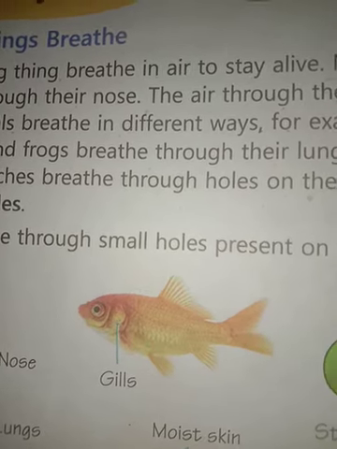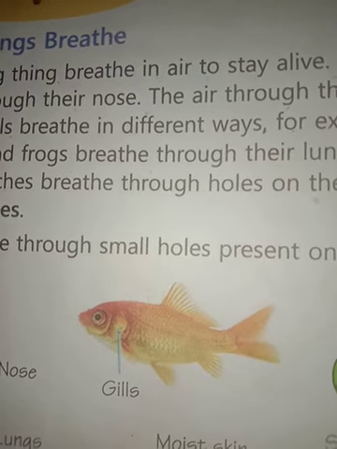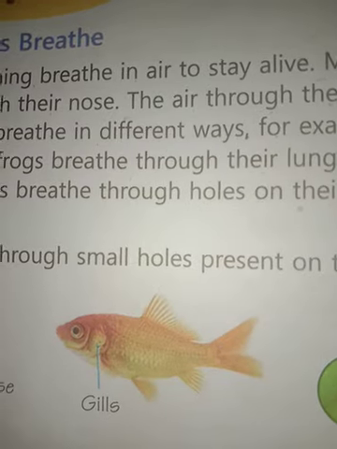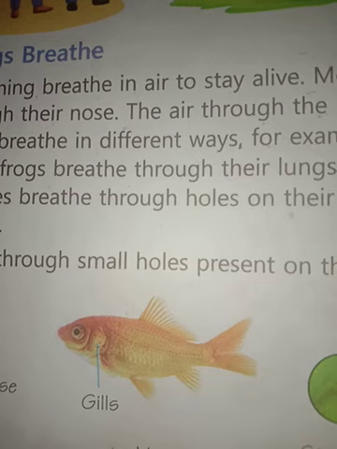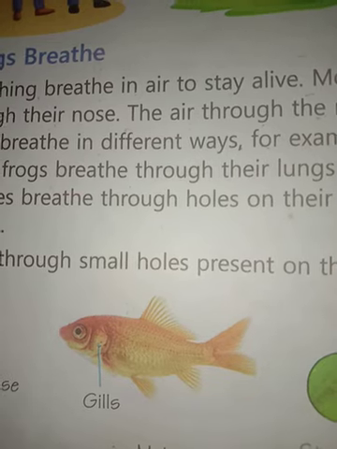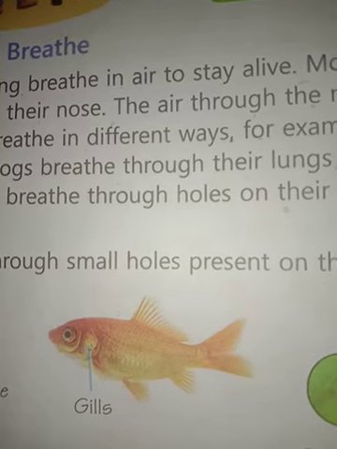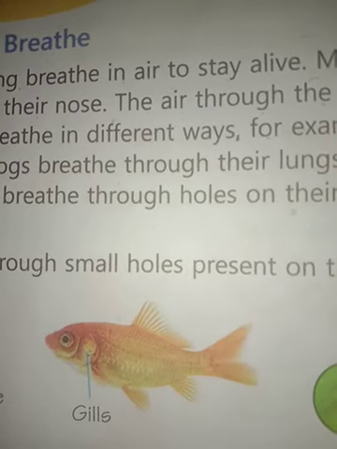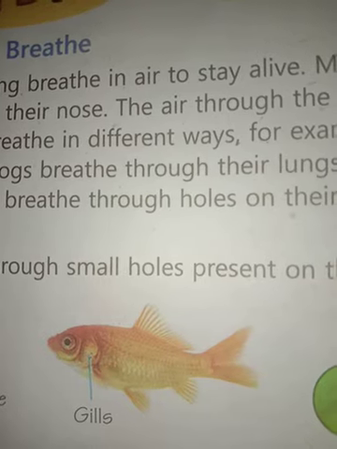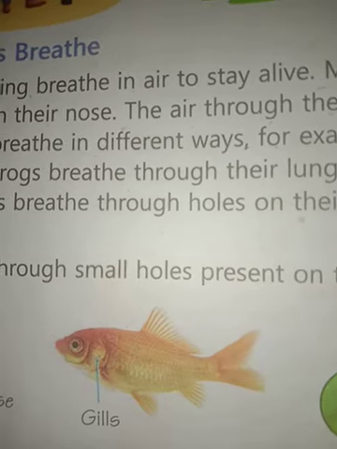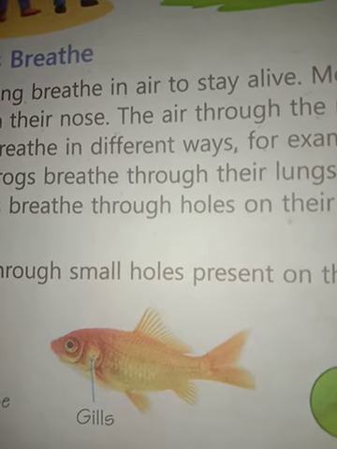So student, how do fish breathe with gills? When the water moves through the gills, the dissolved oxygen from the water passes through the thin walls of gills and blood vessels, and enters the blood.